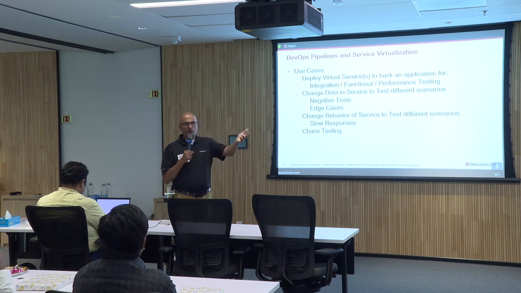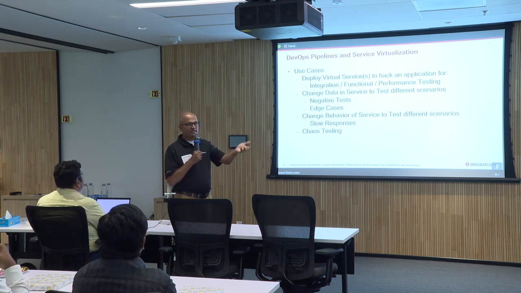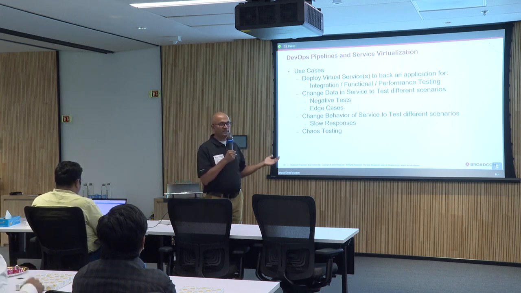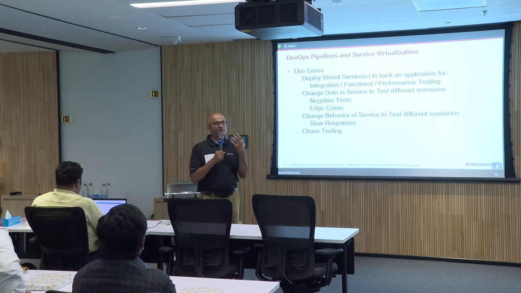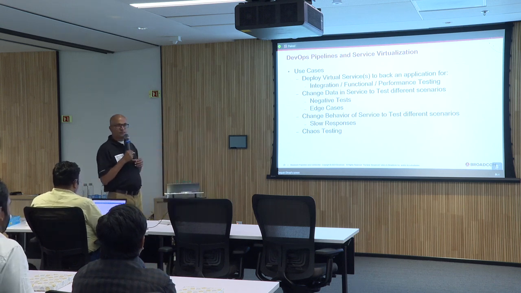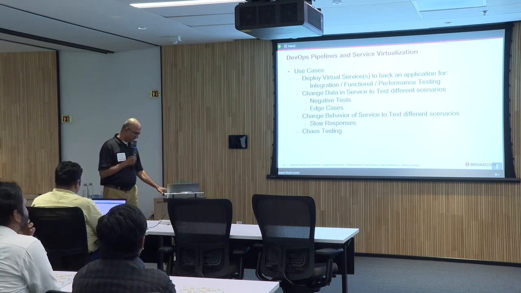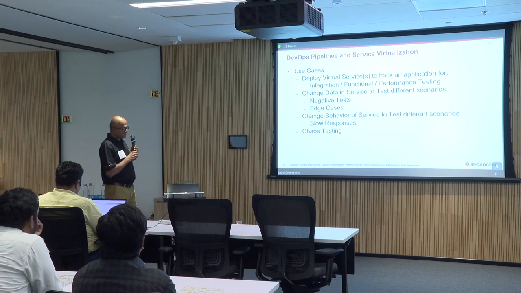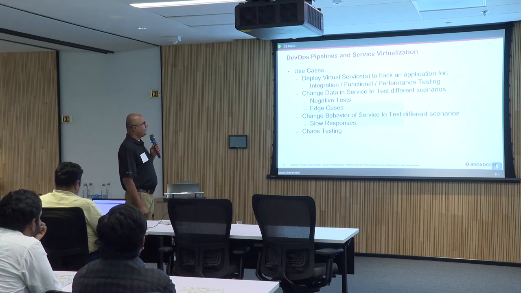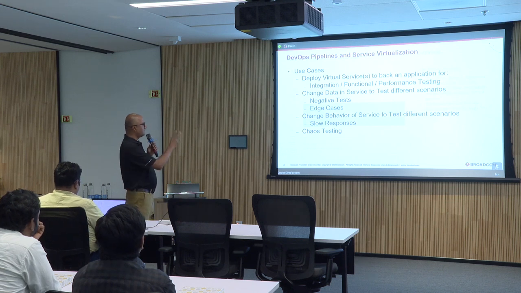Today, generally, when you deploy a virtual service, it usually responds in milliseconds. How can I mimic your network latency, so that it takes 10 seconds, 20 seconds to respond? How does your application behave when the response becomes slow? All these things you can mimic here, chaos testing as well. This is a quick pictorial representation of the API itself.